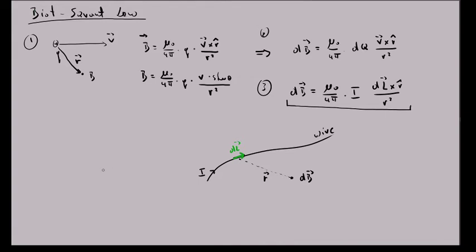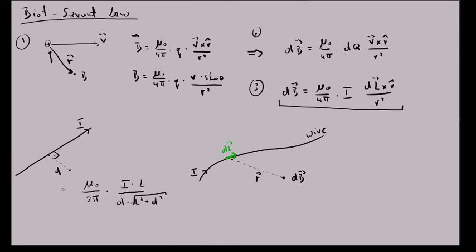we found magnetic fields for a straight wire: a straight wire carrying current I, some perpendicular distance d away. You need to know the expression for the magnetic field. Let's see if I can look that up. The expression is this: some distance d away from the wire, and L is the length of the wire, whatever that length might be.